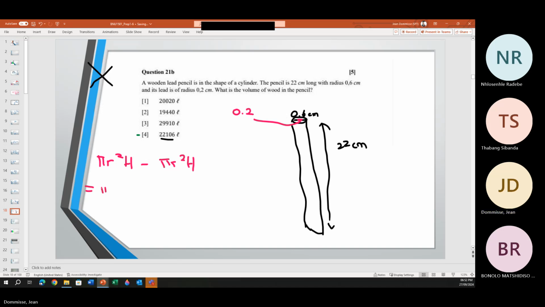So pi, the radius of the whole thing was 0.6, the height was 22. And then if we do that for the lead component, again, it was pi, radius was 0.2, and the height again was 22 centimeters.